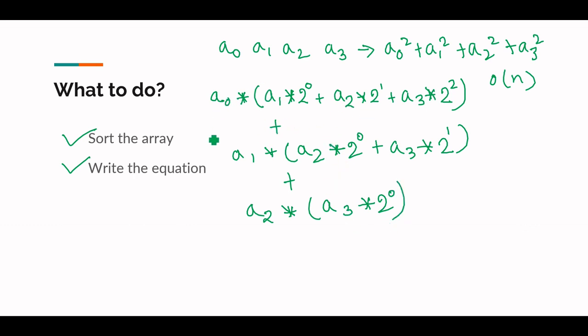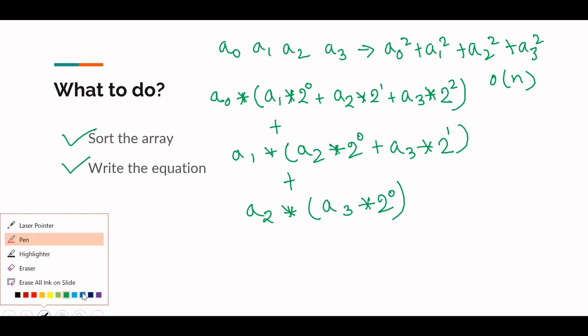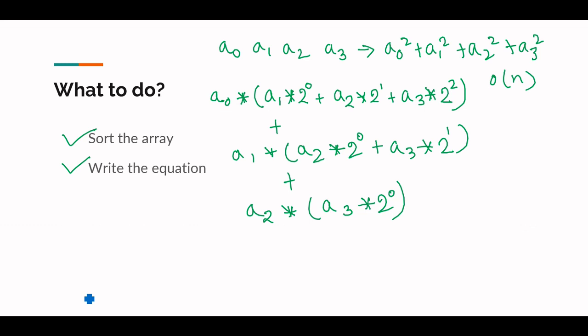Now can you observe any pattern? I will quickly change the color and show you. We just don't need to go for n square. It's not needed. What we can do, see here, a2 cross a3, 2 to the power 0.